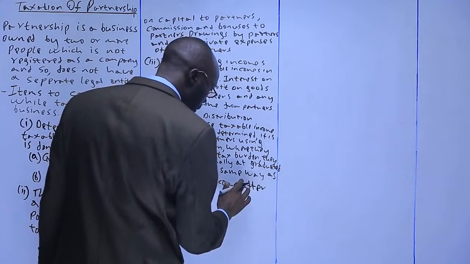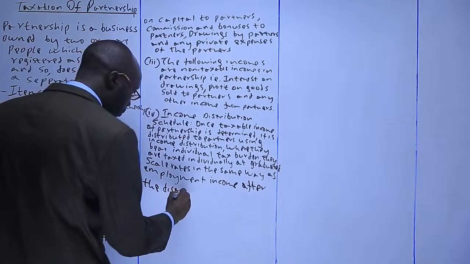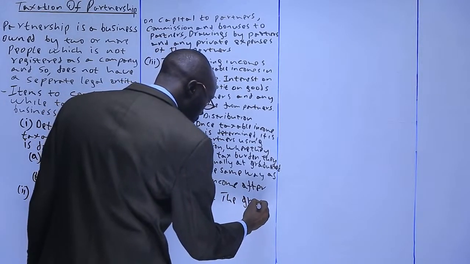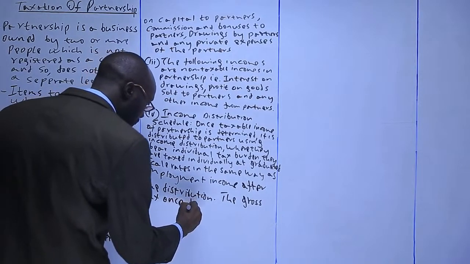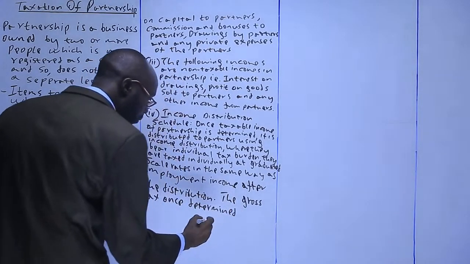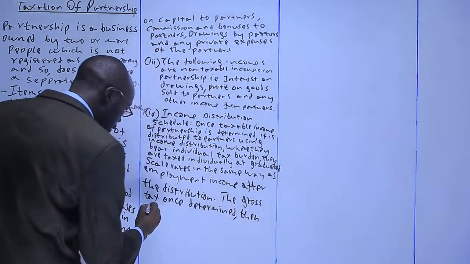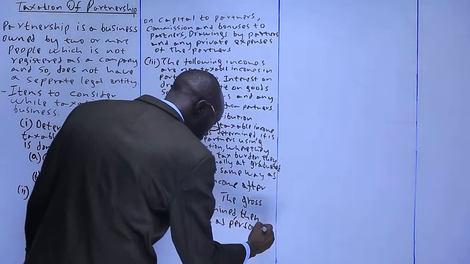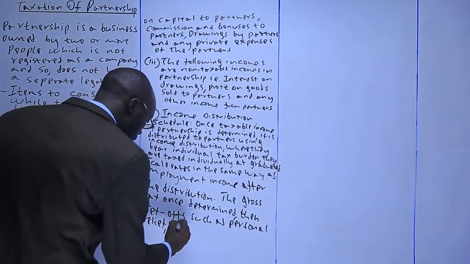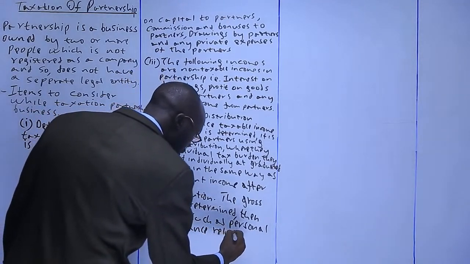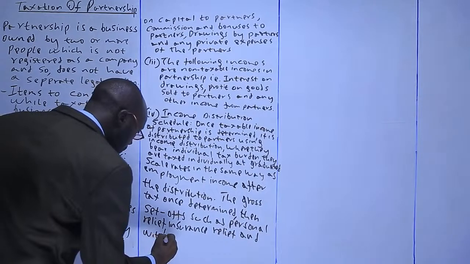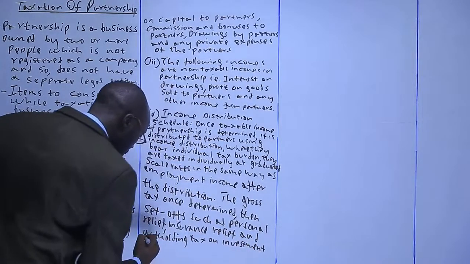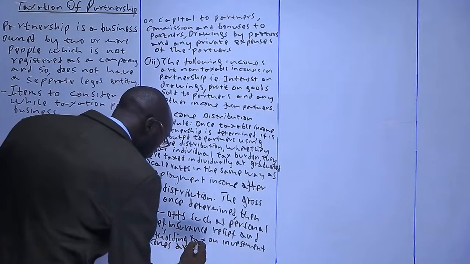After the distribution, the gross tax once determined, then set-offs such as personal relief, insurance relief, and withholding tax on investment incomes are deducted.